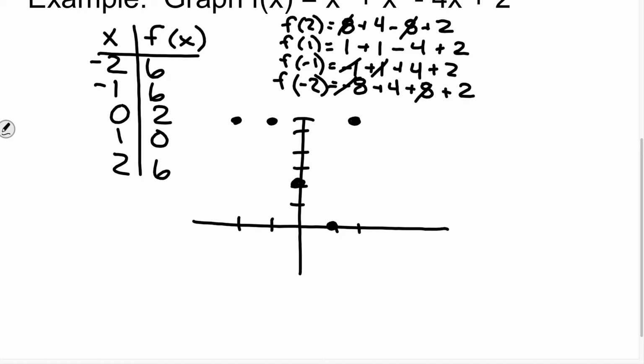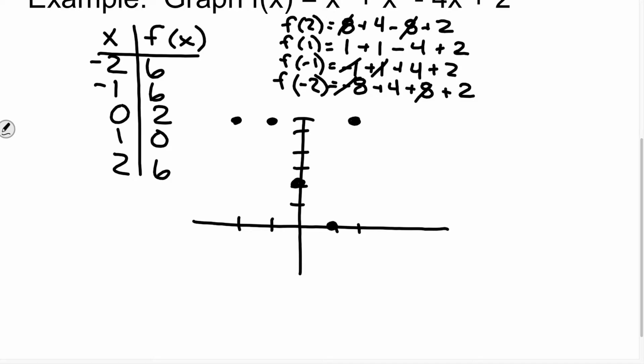Okay, and you don't just want to play a strict game of connect the dots. These are not going to be a horizontal line in there. You must have some kind of curve where I turned around at some point. To help you decide where to start and end your curve, consider your end behaviors.